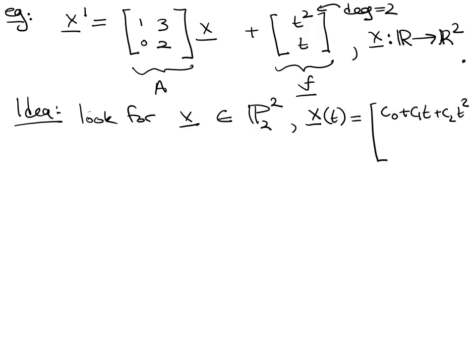That's the first entry. And the second entry has coefficients c0 prime plus c1 prime t plus c2 prime t squared. So we're going to look for solutions of this specific type. And the point is that this is a finite dimensional subspace, right? So we can use standard finite dimensional linear algebra to solve this.